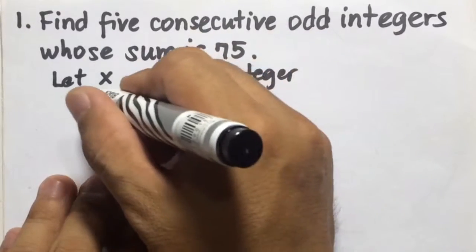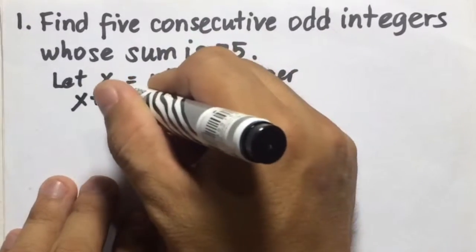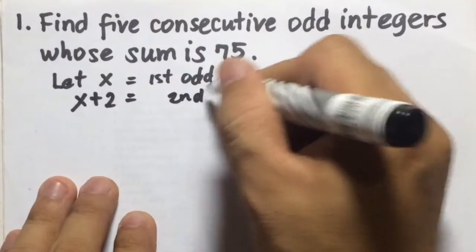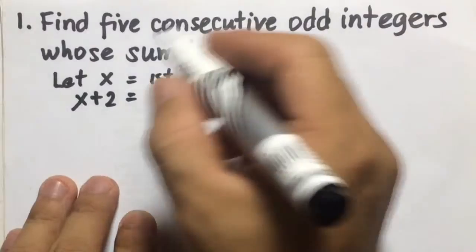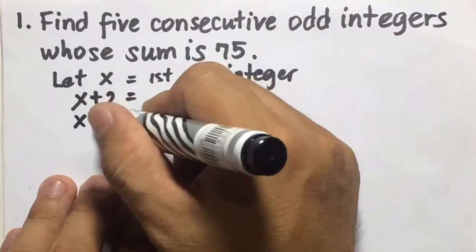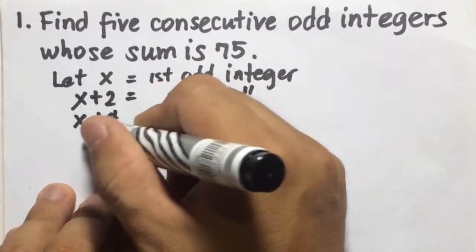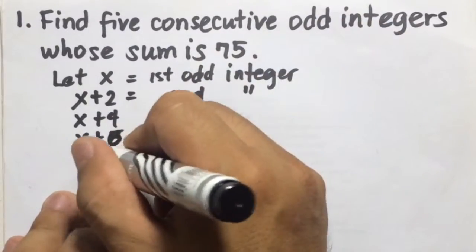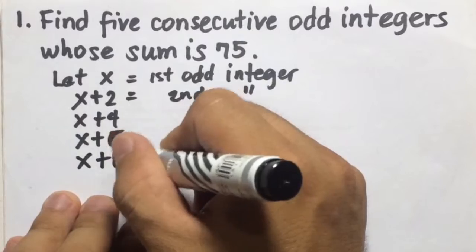So the second integer is x plus 2, the third will be x plus 4, the fourth will be x plus 6, and the fifth number will be x plus 8.